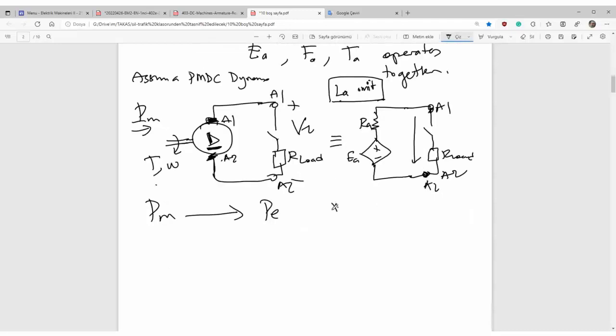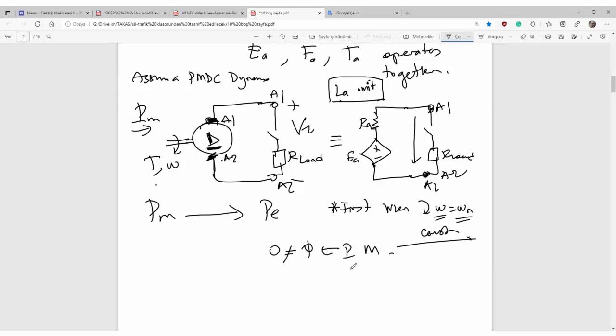Gentlemen, first, when you rotate the system at rated nominal speed, constant rated speed, there is a magnetic field due to permanent magnets. It is different than zero because we use permanent magnets in the poles.